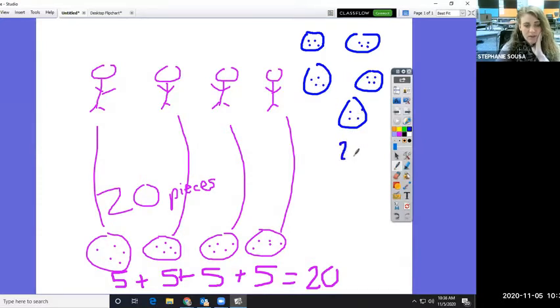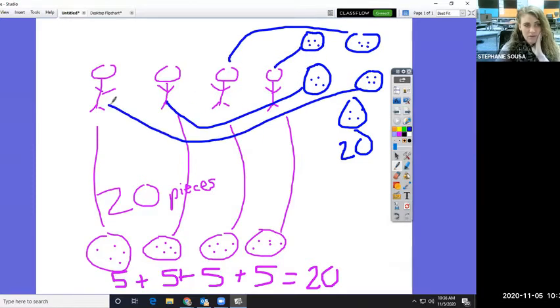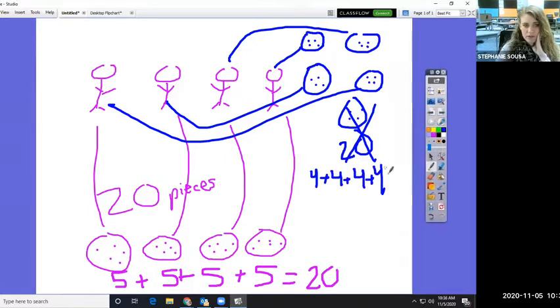This is still 20, but what's going to happen with one of the bags of candy? One of the bags of candy is wasted. There was no need for it. So this would be 4 plus 4 plus 4 plus 4 plus 4. And you can see that because we have a different number of groups, some of it was wasted.